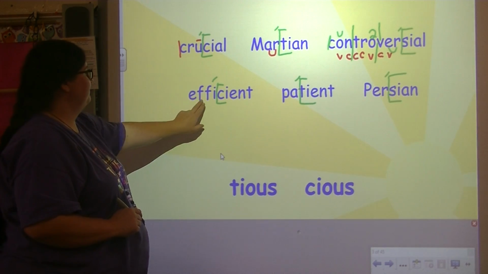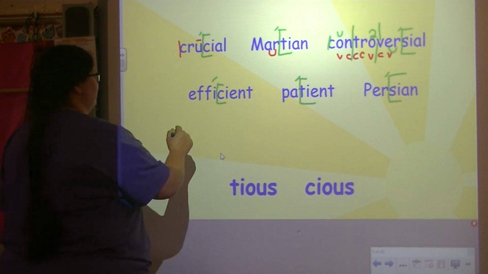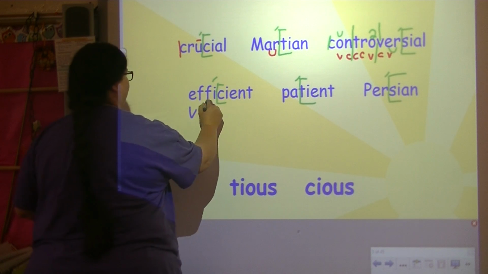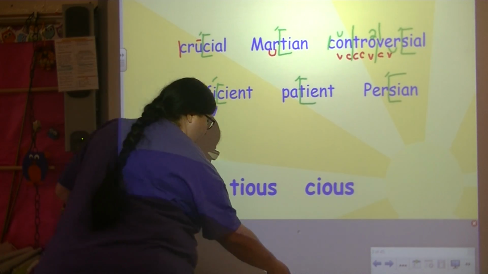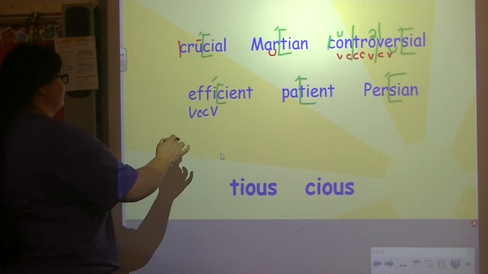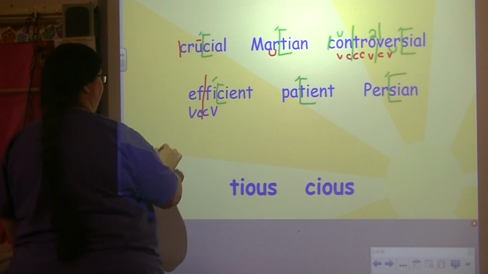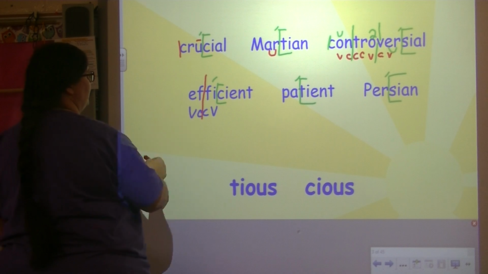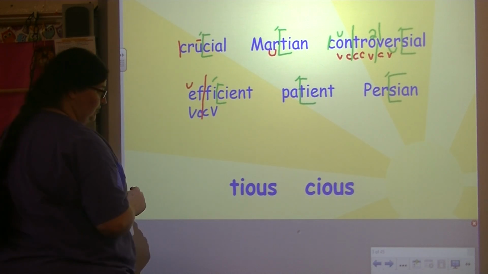Alright, we have 2 vowels with 2 consonants in between it. Where do I divide? Between my 2 consonants. Vowel followed by consonant is short.